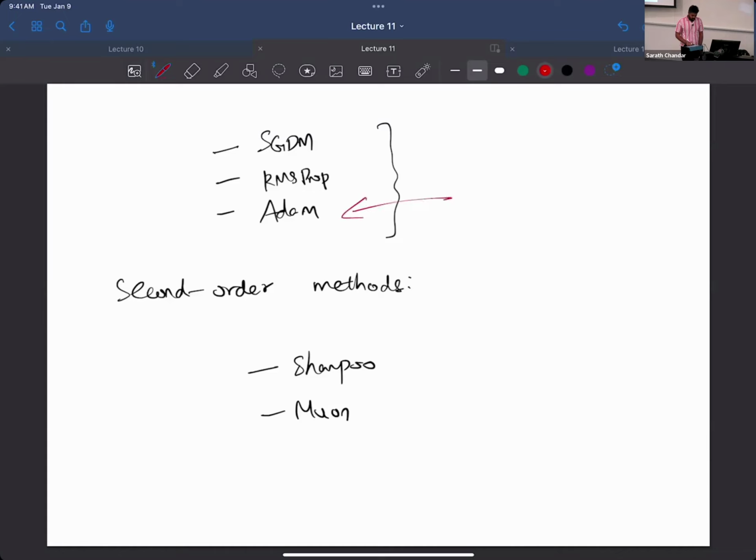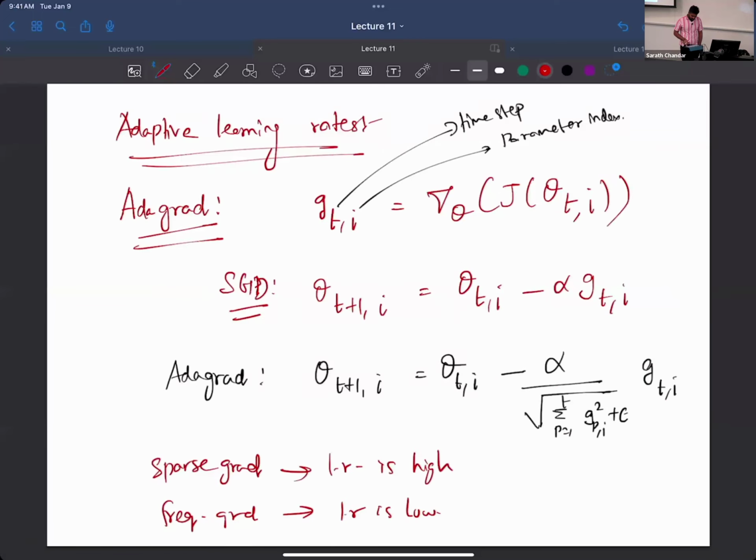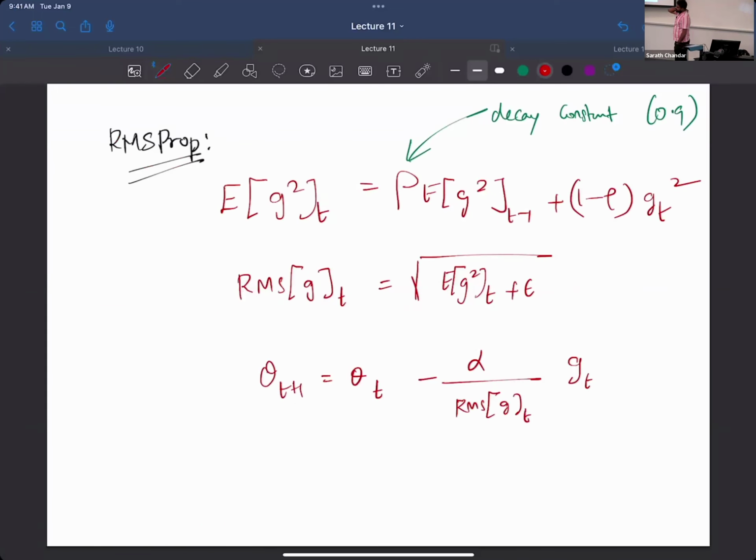So you could consider methods like Adam and RMS prop as already doing some second order thing. Okay, if you go back to the RMS prop equation, right? So you see you're using the root mean square of the gradient here, right? So the root mean square of the gradient, which is basically g square, can be considered as a diagonal approximation of an Hessian.